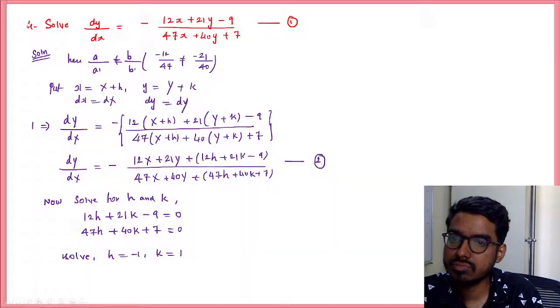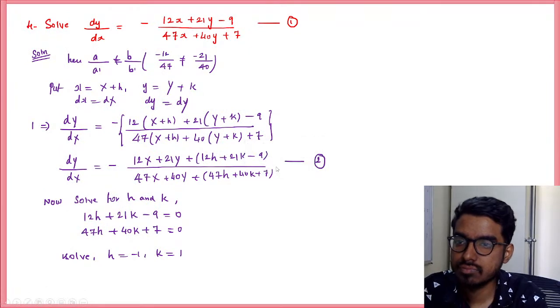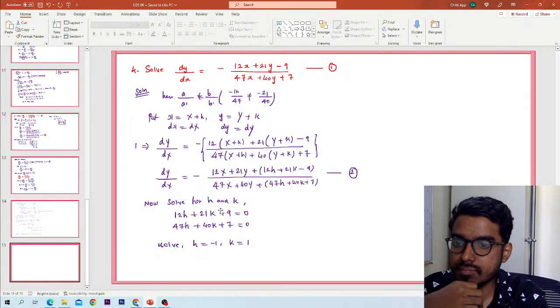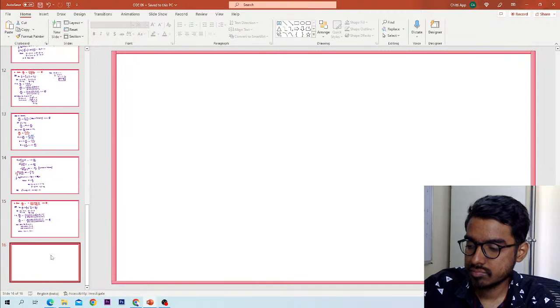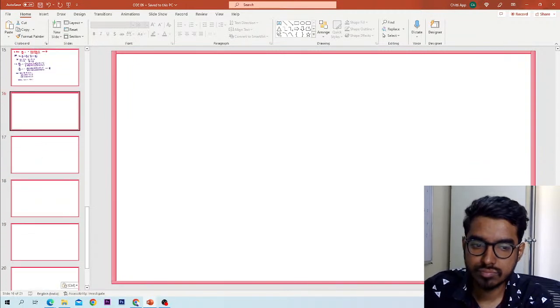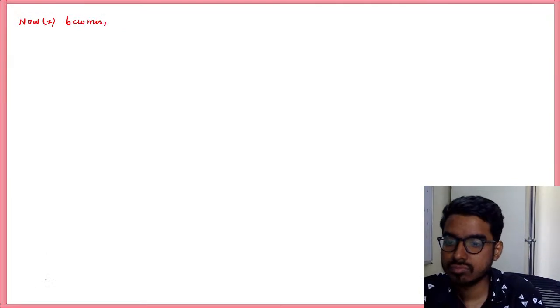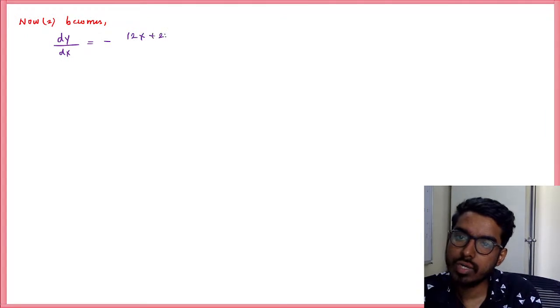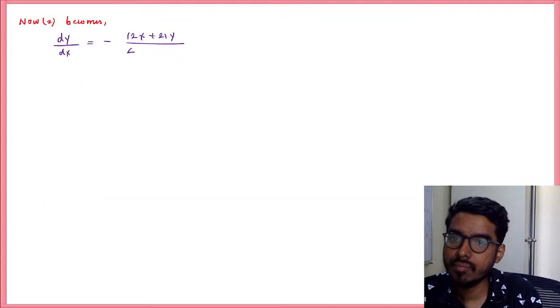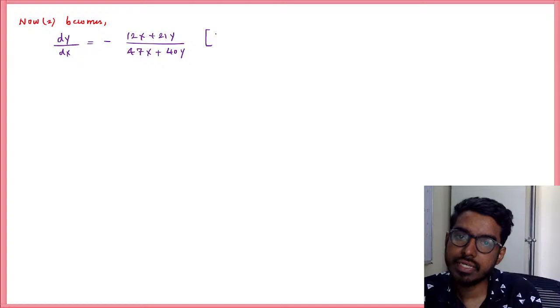Now 2 becomes dY by dX is equal to minus of (12X plus 21Y) divided by (47X plus 40Y), which is now homogeneous.